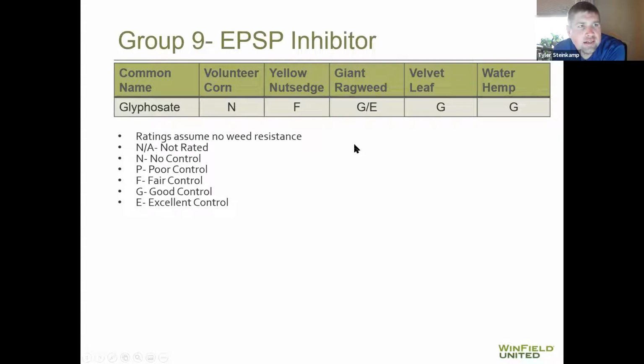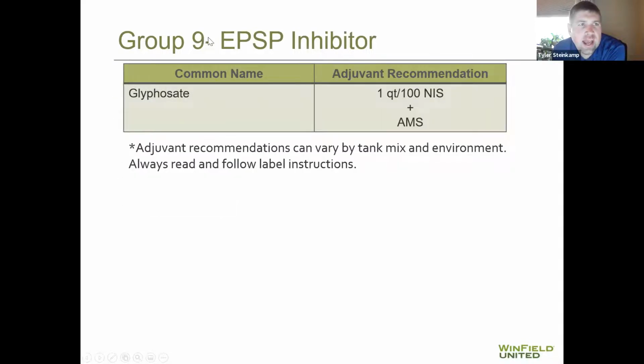As far as control here, you can see some of our key weeds and the control that you get. And as far as the adjuvant recommendations, we're going to want at least a quart of surfactant plus AMS. So my lead recommendation for that is going to be Class Act NG.